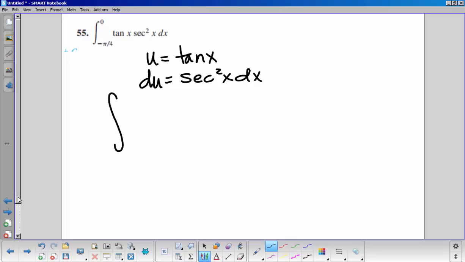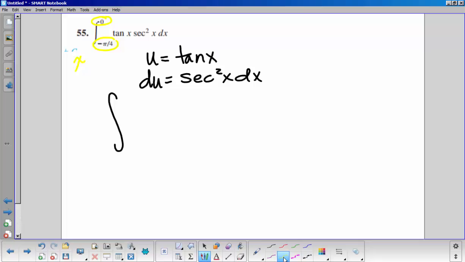Now, when I change my variables into u's, these limits no longer apply because these are in terms of x. Okay? So when you change it to u, you just leave the limits of integration off until you go back to x. Alright? Because it's not equivalent.